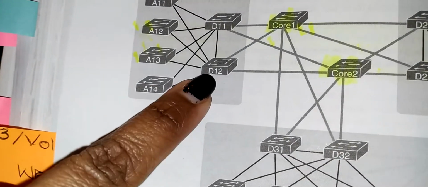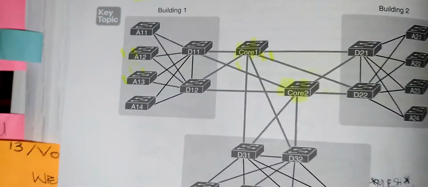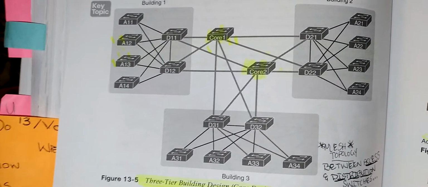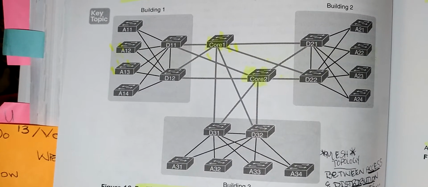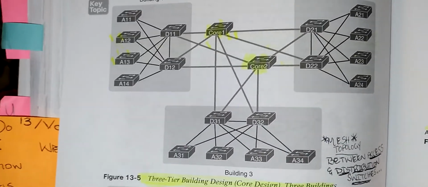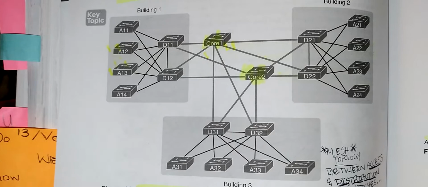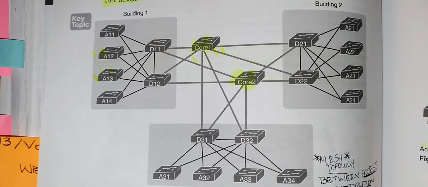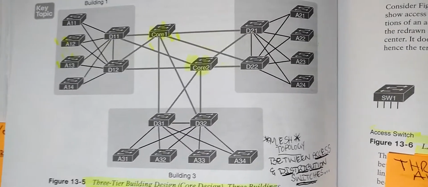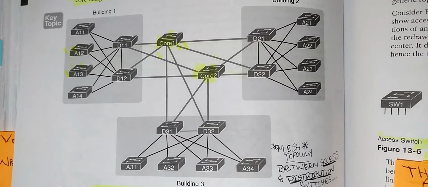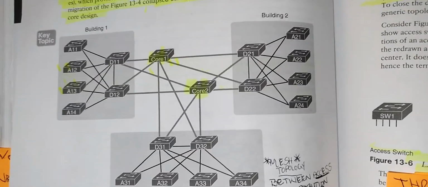D, distribution. However, in distribution we will have more powerful switches, and it's going to collect all those wiring closet access layer switches within the building.